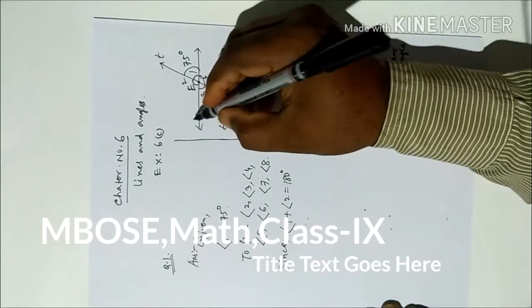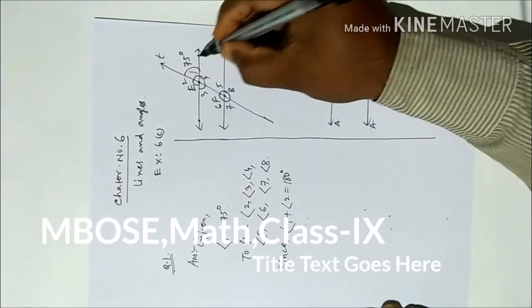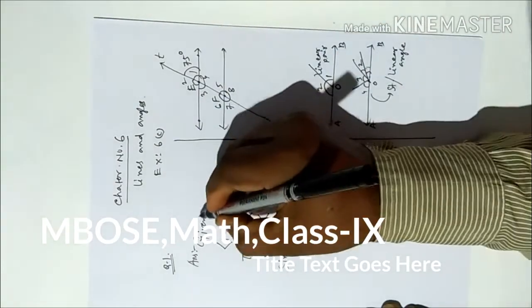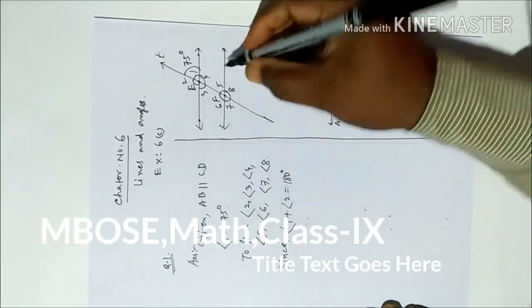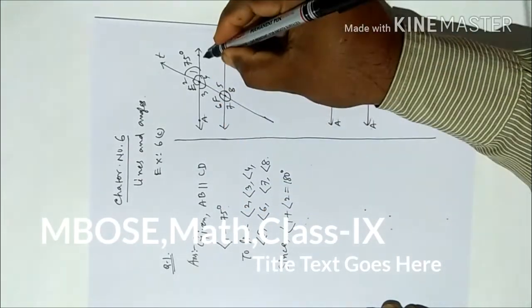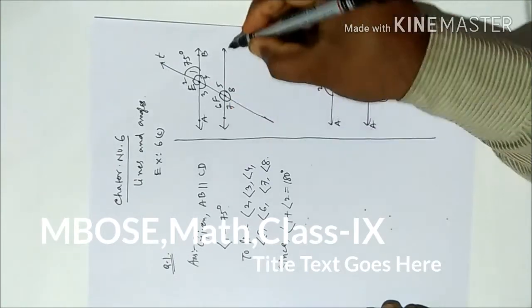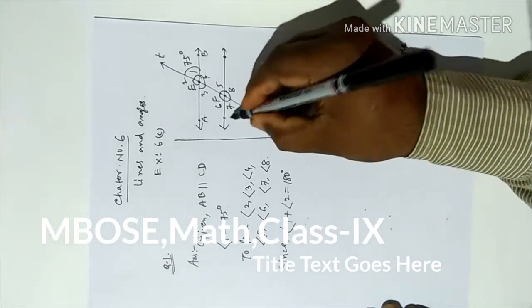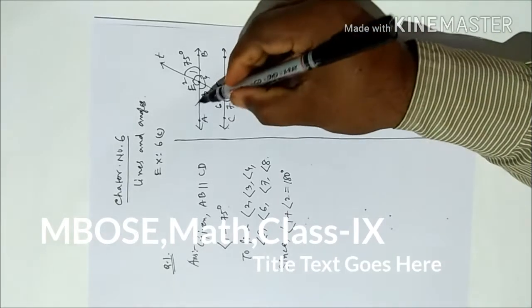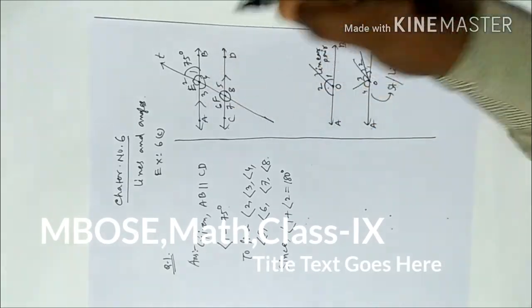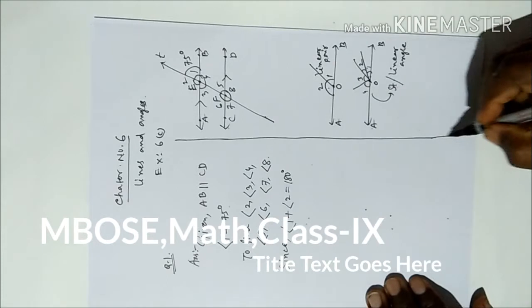And what is given in your question? AB parallel to CD is also given. So A, B are the terminal points, and they have given C and D. These two are what? Parallel. You know the definition of parallel.